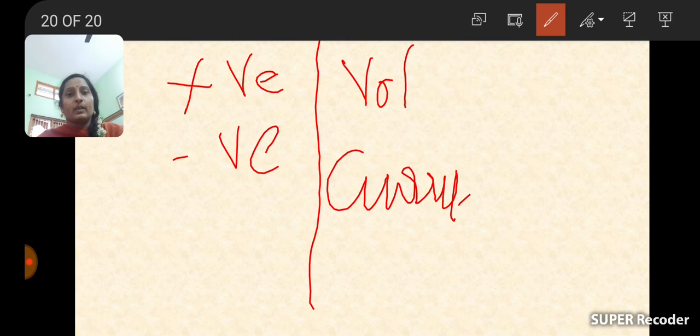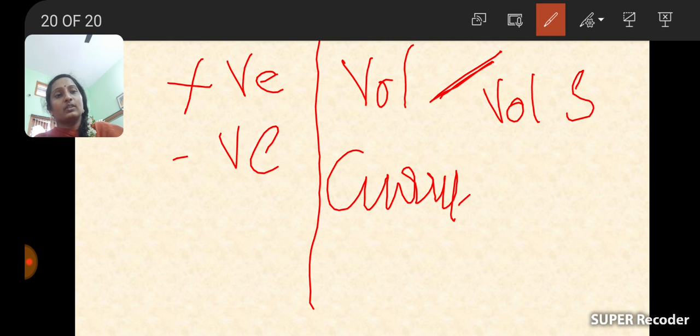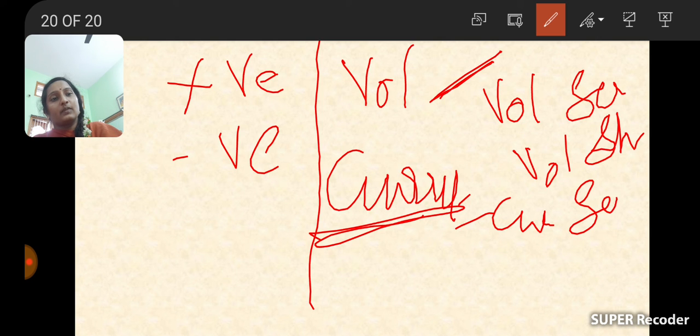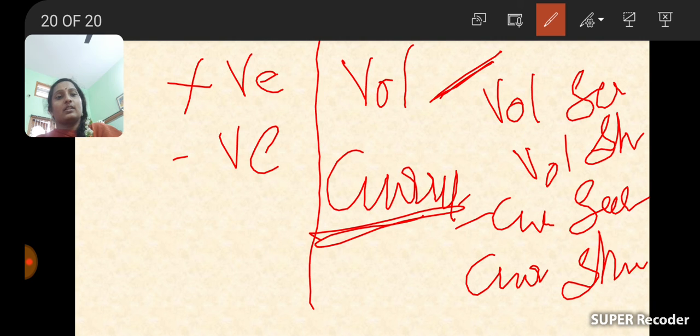According to how the input signal is connected to the feedback signal, voltage is again classified into two types: voltage series feedback amplifier and voltage shunt feedback amplifier. And next, there is the current series feedback amplifier and the current shunt feedback amplifier.